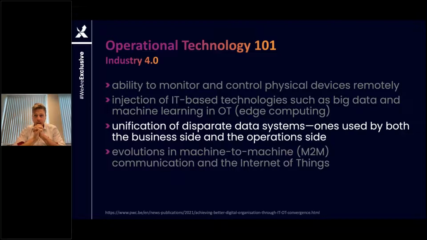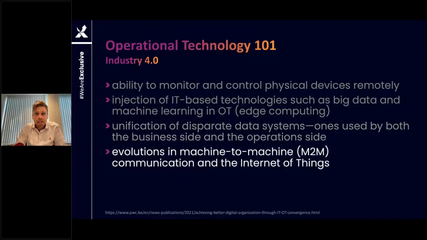Of course, there are a bunch of other reasons why you would want to be able to find production data right away in your ERP system, but that's just one example. And the last one is because machine-to-machine communications have evolved, and these machine-to-machine applications, M2M, also concern the Internet of Things.